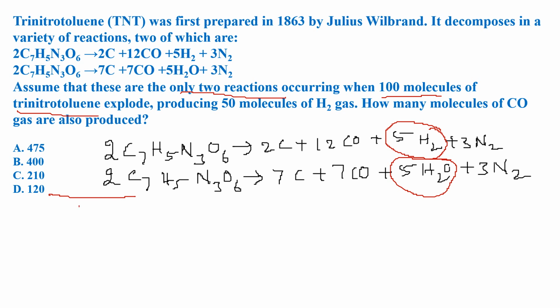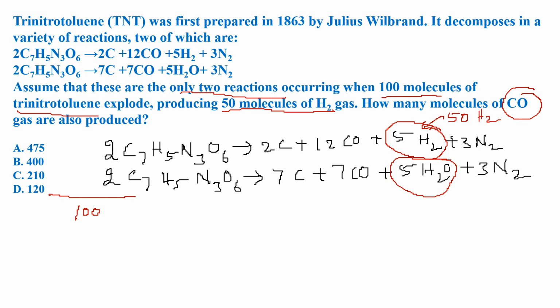Indirectly, the total molecules of these two reactions is nothing but 100 molecules. So here 50 molecules of H2 is produced. How many molecules of CO gas are also produced?